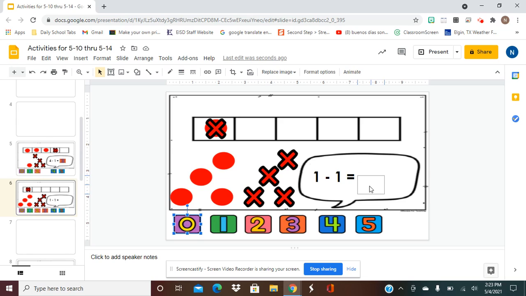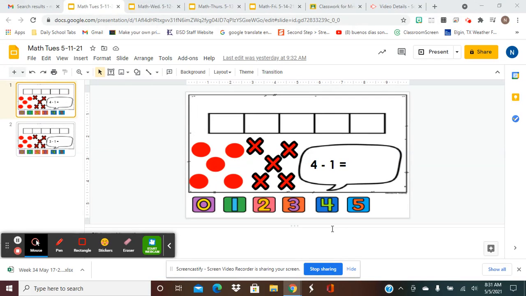So we're going to grab it and put it over here. Now together, we're going to read the subtraction sentence. 1 minus 1 equals 0. You can also say 1 take away 1 equals 0. Good job.